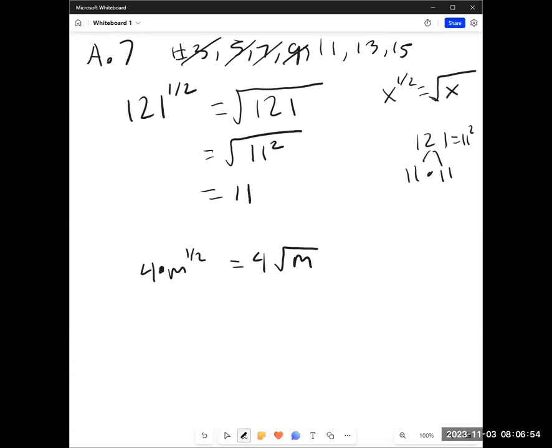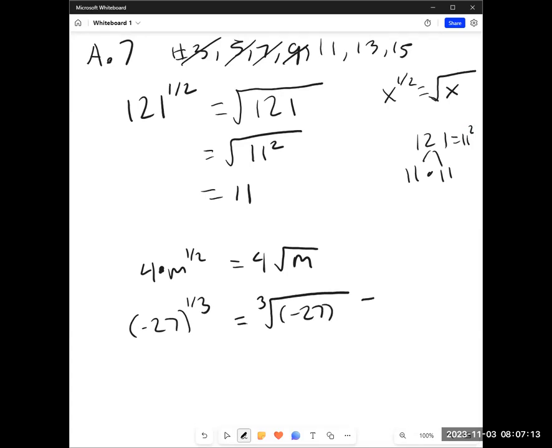Number 13 is a problem like that. So I need to think of the cube root of -27.